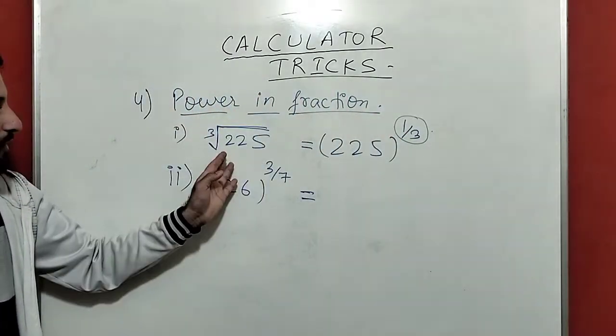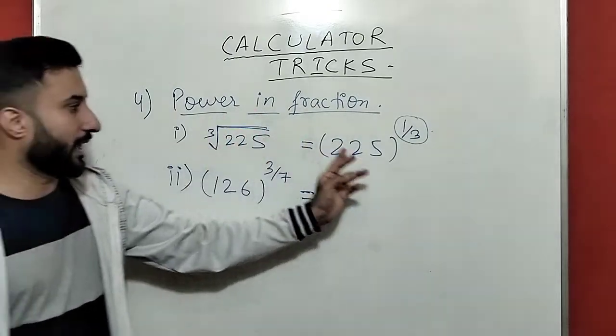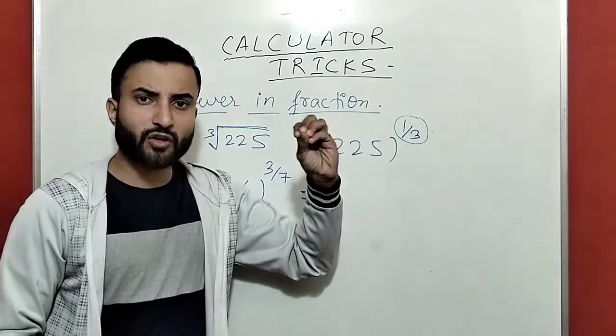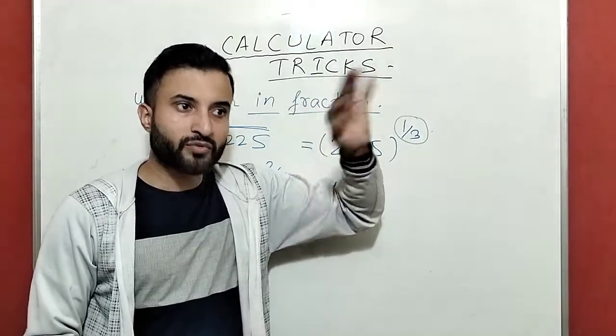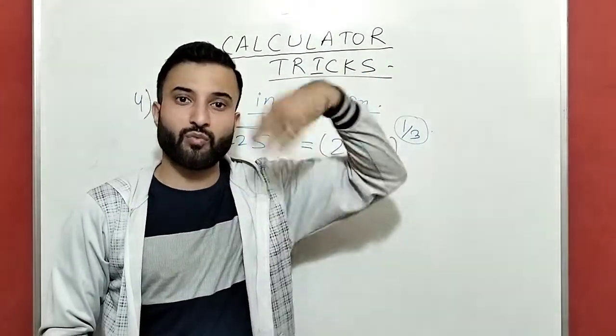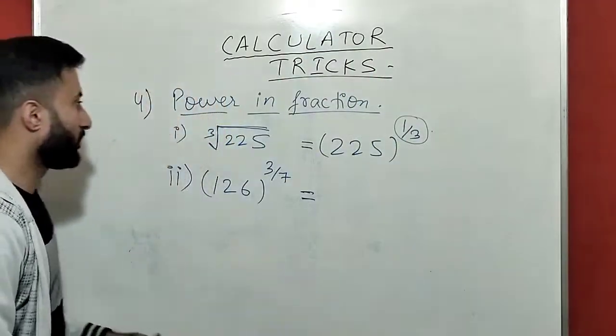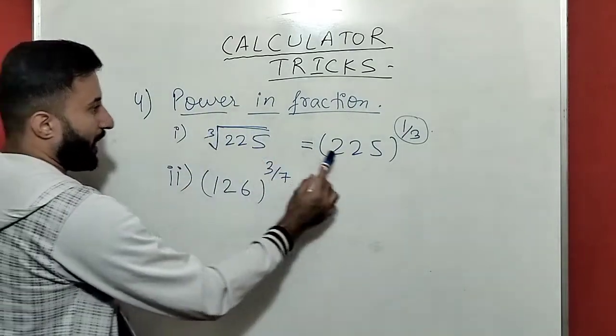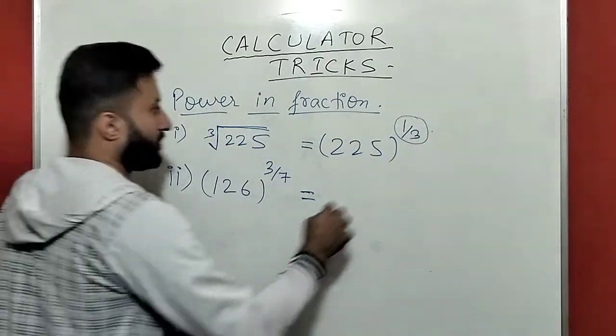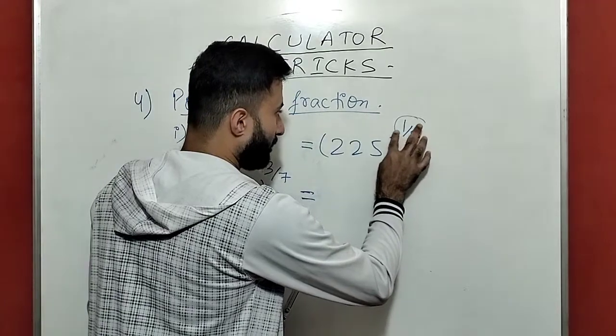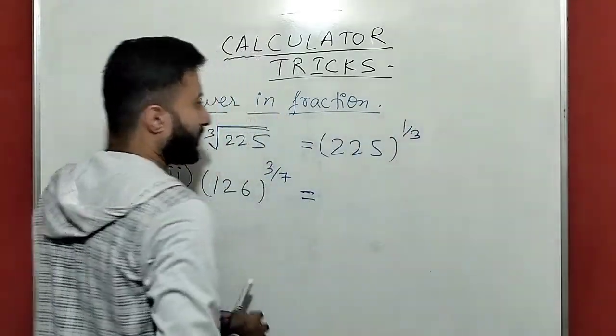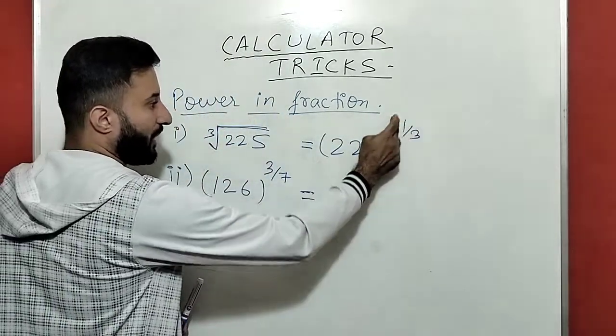Why? Because we are going to change this cube root like this. Whenever the cube root is there, if you remove the cube root, the power will become 1 by 3. So 1 by 3 means the power is in fraction.